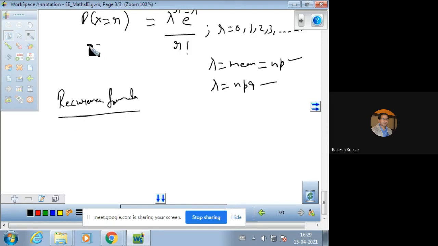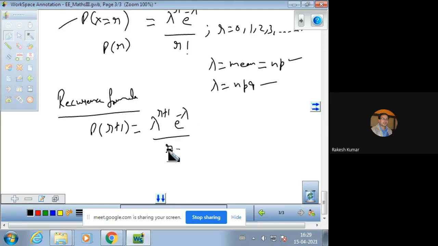So probability x equal to r means probability of r, and with the help of this you can find probability of r plus 1, which will be lambda raised to power r plus 1, e raised to power minus lambda, upon r plus 1 factorial. So you divide probability of r plus 1 by probability of r.